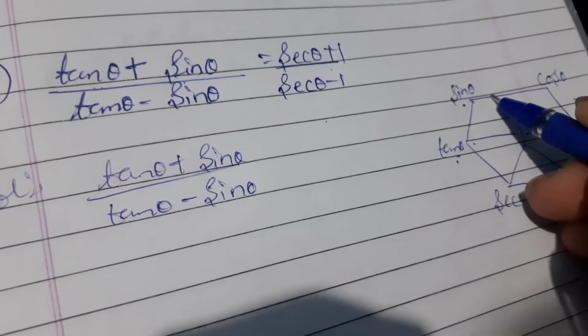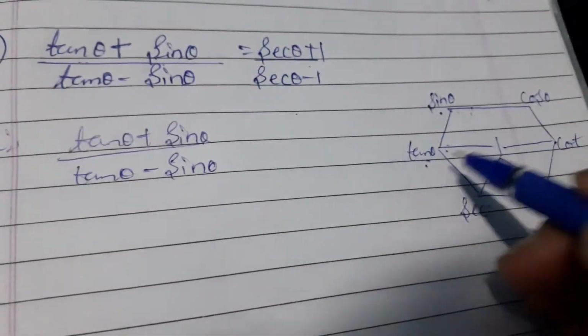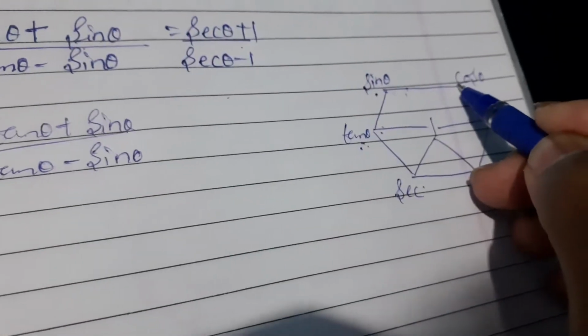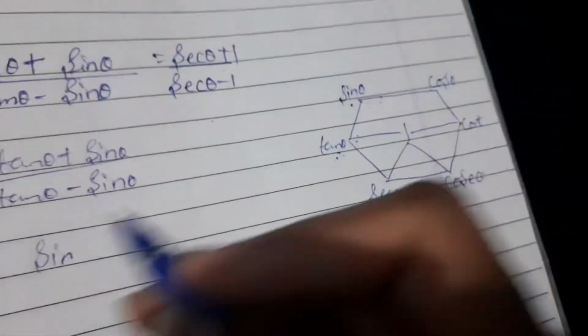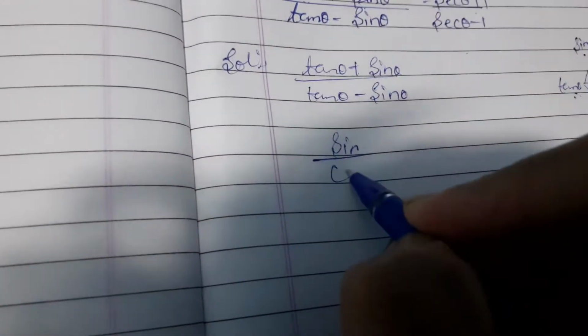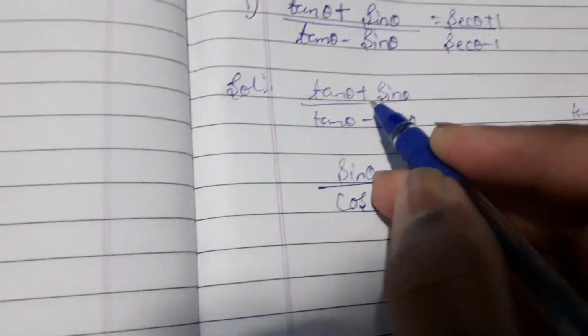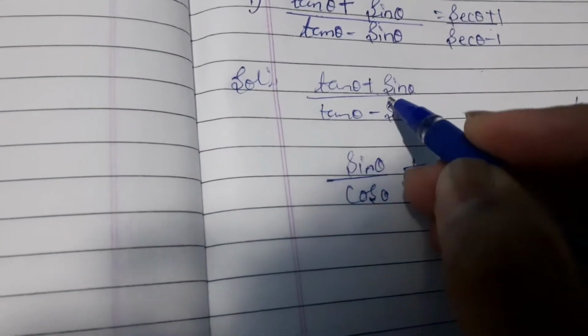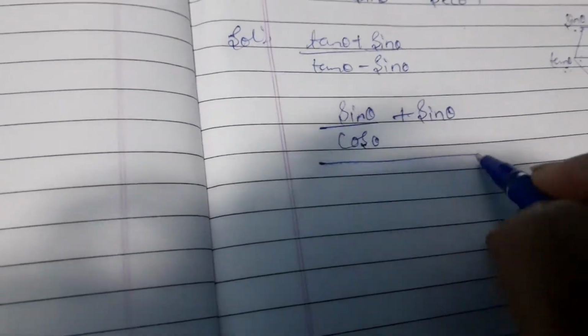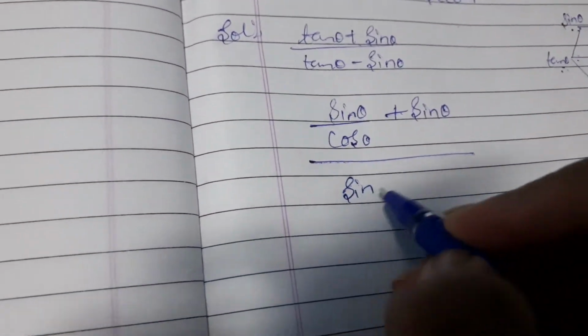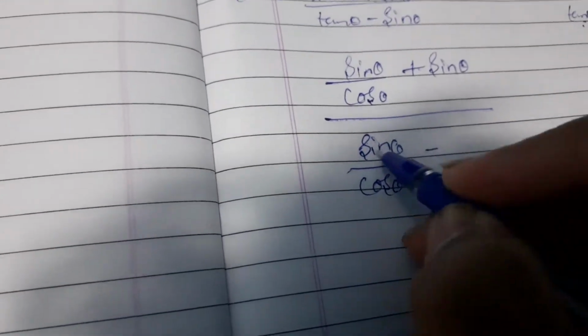From this tan we have to do sine and cos. So tan is sine by cos theta. Here this is the plus, write it as it is, sine theta. Then write it one more time in the minus form: sine theta by cos theta minus sine theta. Okay, we have written it.